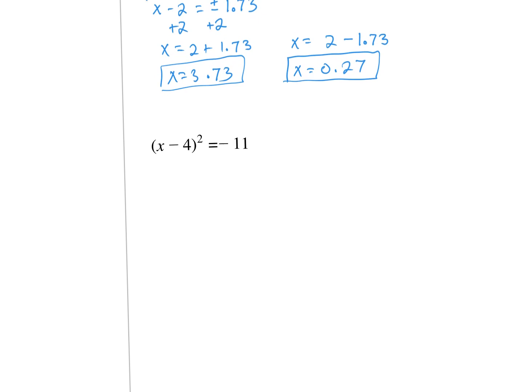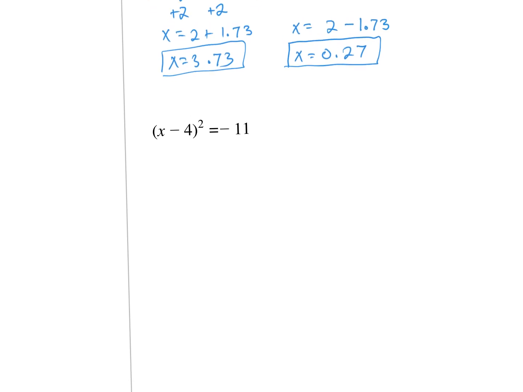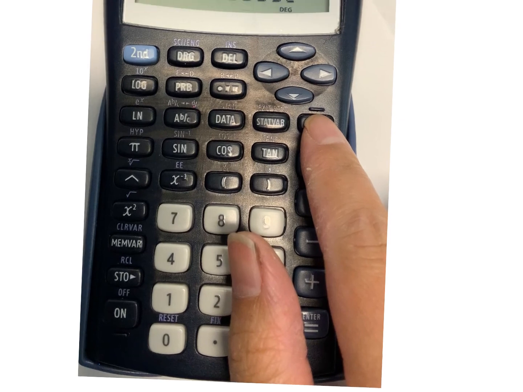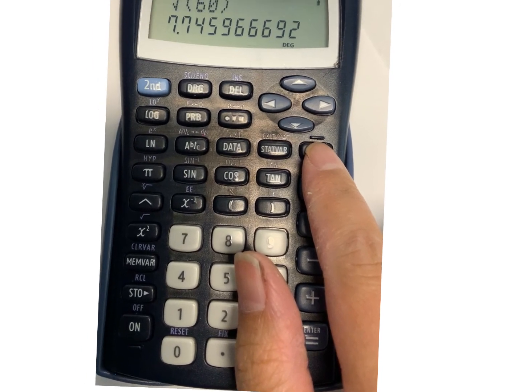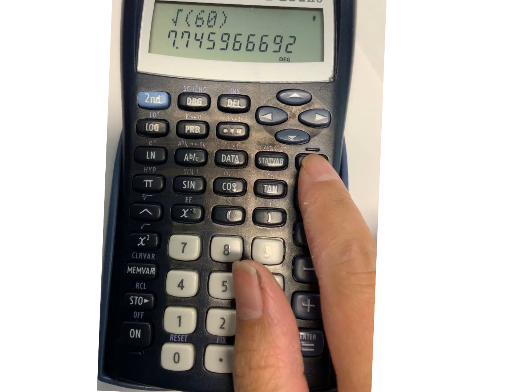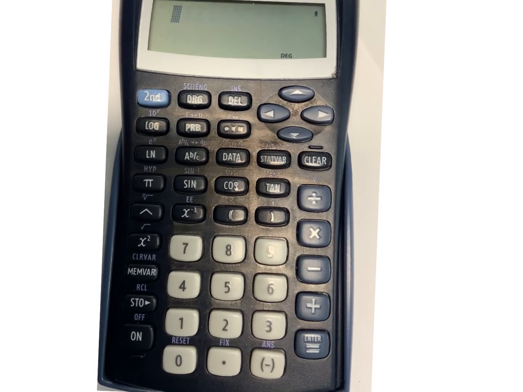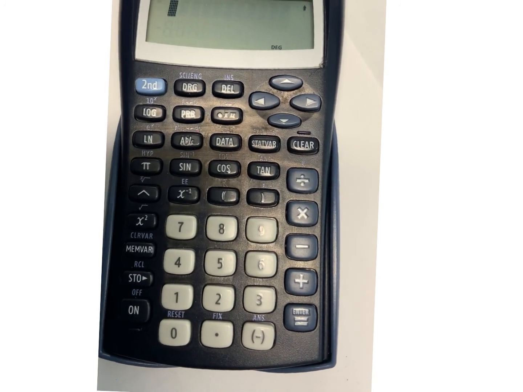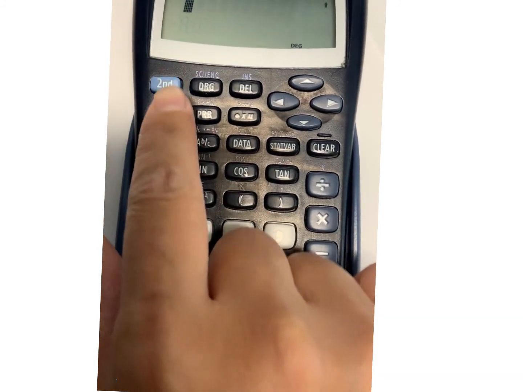Let's look at the very last example. We have x minus 4 squared. I'm going to take the square root of both sides. And here is a special case. So here we have x minus 4. The squared signs go away, but let's see what happens when we take the square root of negative 11 on the calculator.